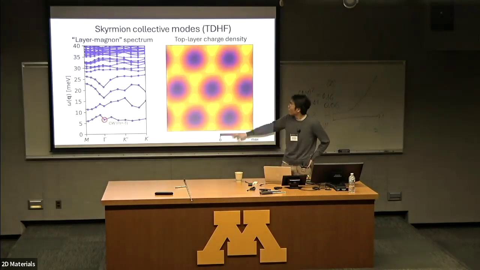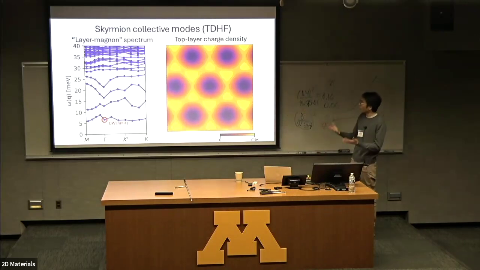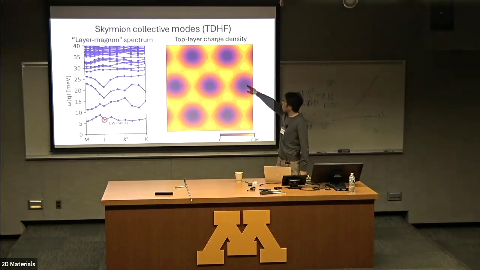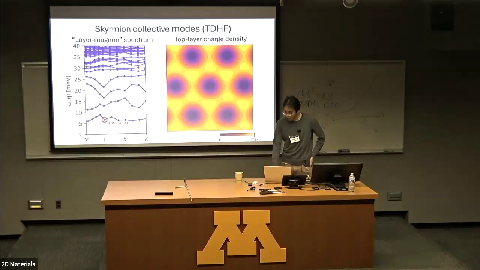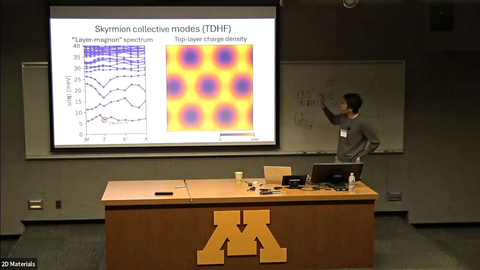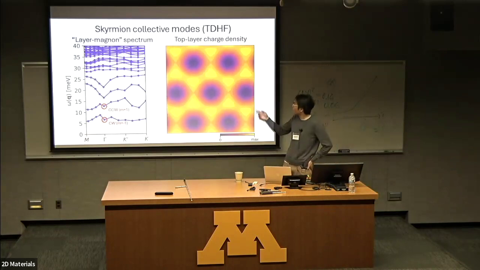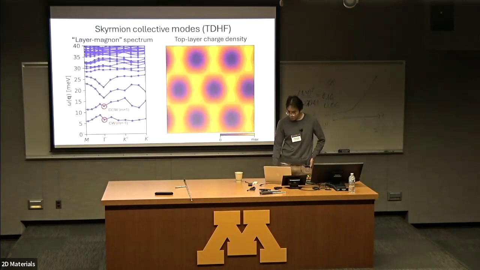So we can look at the gamma point and basically look at the top layer charge density, where I argued the minima are where the skyrmion cores are, and plot that as a function of time in this calculation. And what that shows you is that this lowest one, you can think of as some kind of phonon-like mode where all the skyrmions are going clockwise. The next one, they're going counterclockwise.